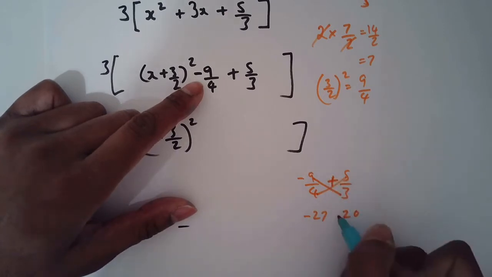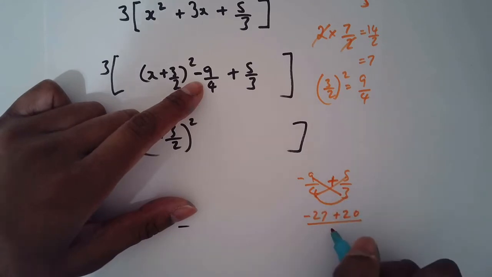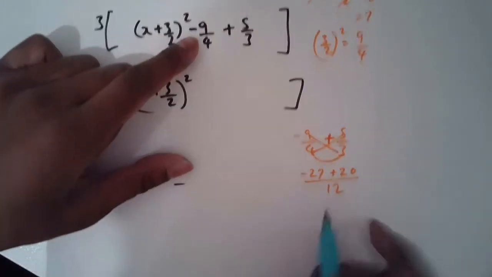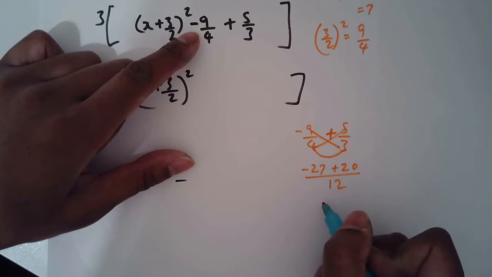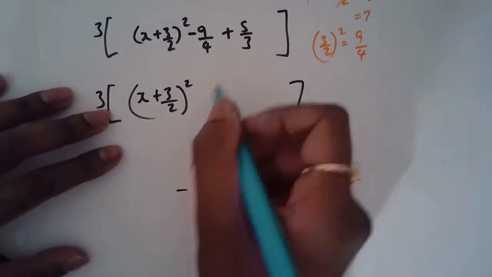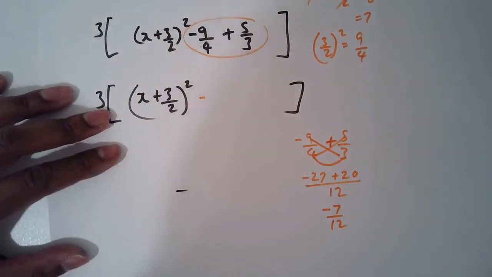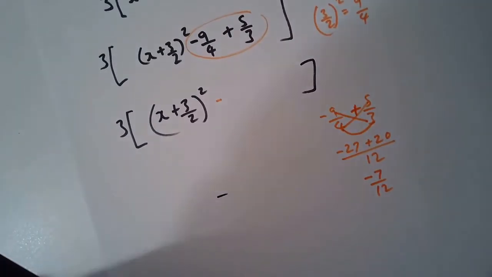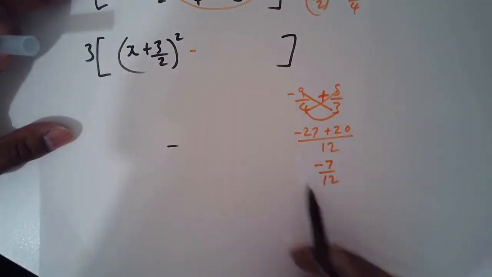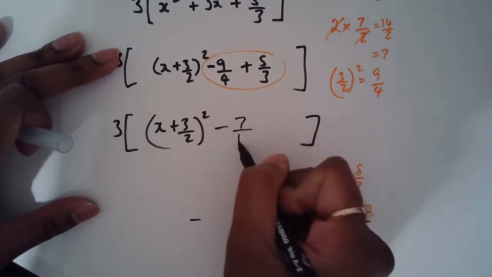Don't forget the plus symbol there. Over, smiley face, 4 times 3 is 12. Negative 27 add 20 is negative 7 over 12. So the result of all of this, all the working out, is negative 7 over 12.